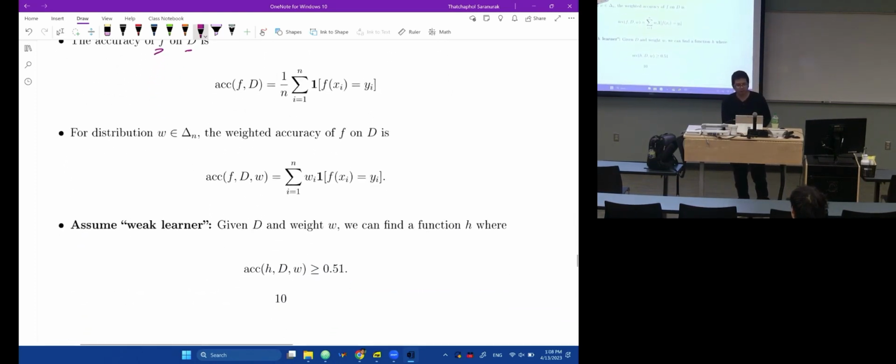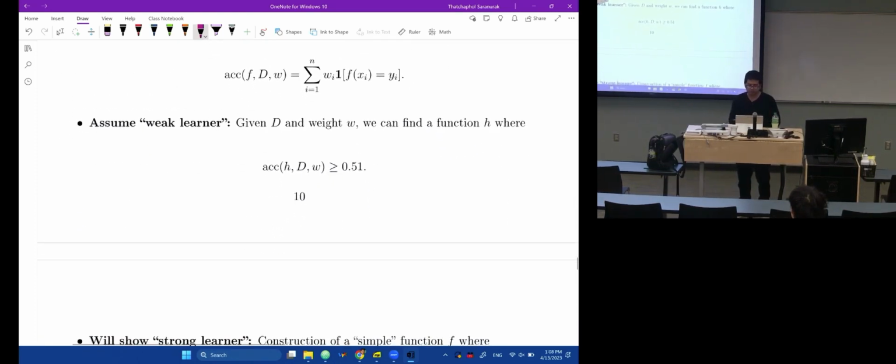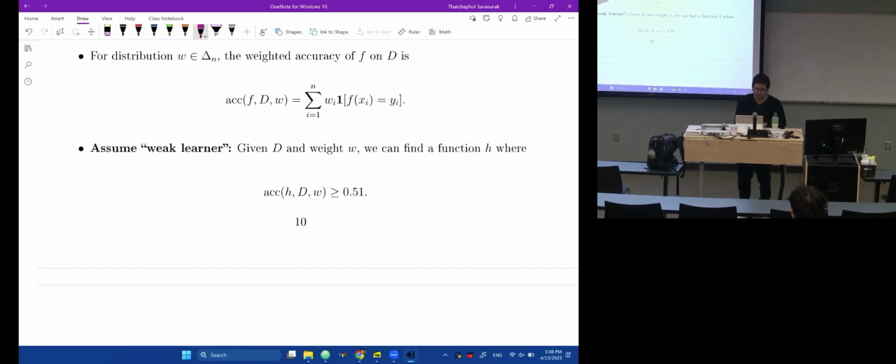And what we hope to do is this. We are going to assume that there is some weak learner. Weak learner in the sense that, given any weight, you can find a function h such that it is correct by more than half, more than 50%, with respect to this weight.